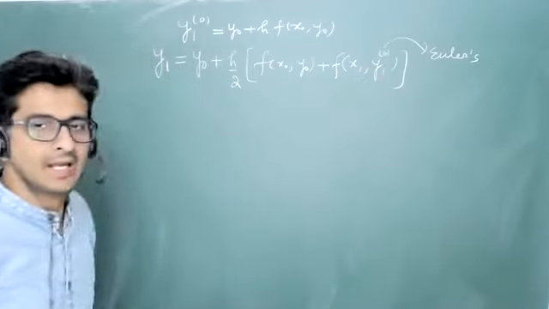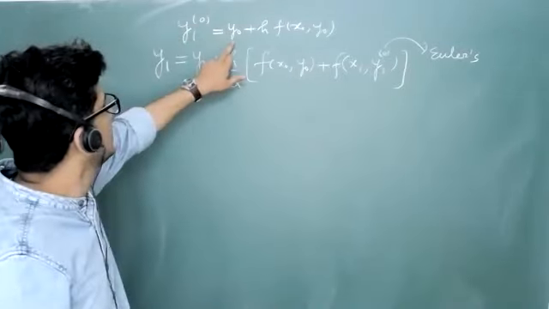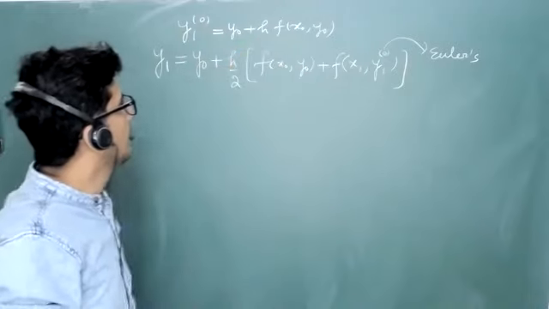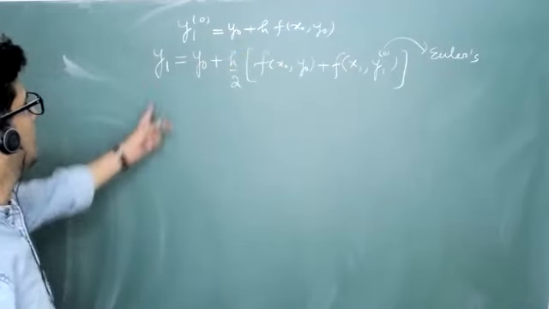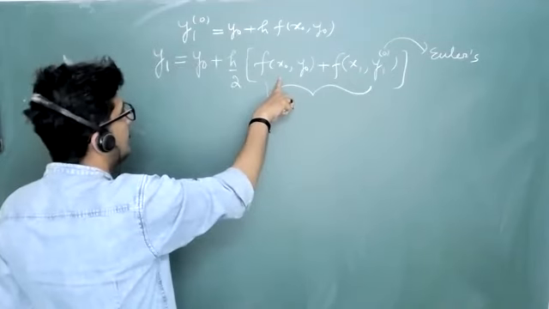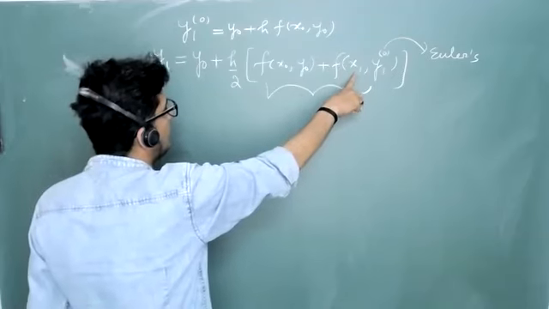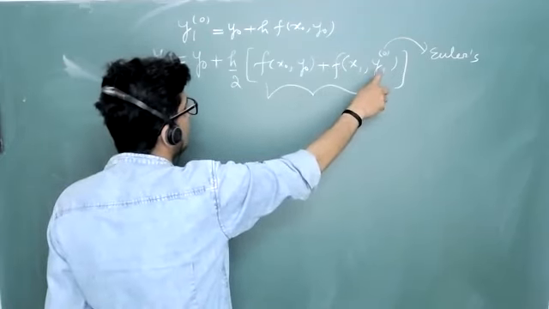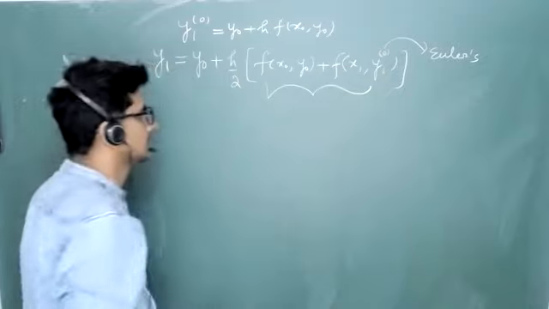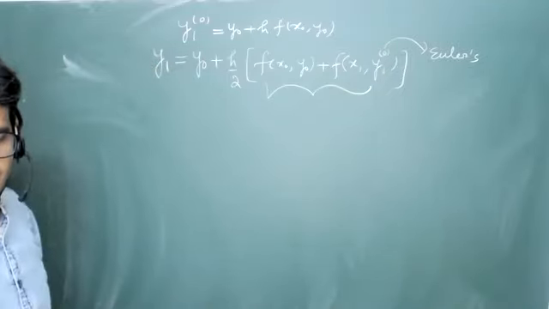So the difference between Euler's and modified Euler's is that in Euler's you directly write y10 is equal to y0 plus h f(x0, y0), and in modified Euler's you have to take the average of these two quantities. One is the value of the function at the initial point, and the other is at the point x1 with y equal to y10, which is coming from Euler's.